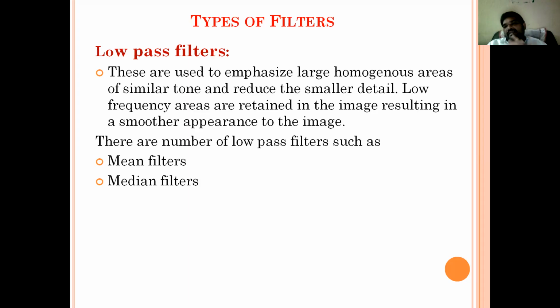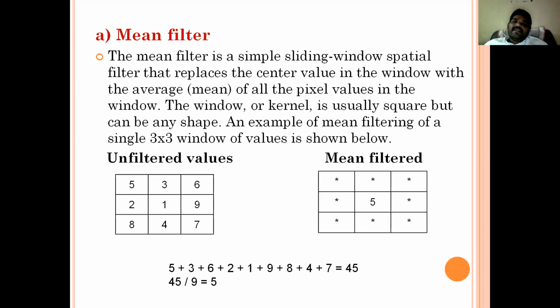How can we achieve this? There are a number of low pass filters, such as mean filters and median filters. What is a mean filter? We have seen removal of random noise there itself. Simply, this is the 3 into 3 window, the kernel.